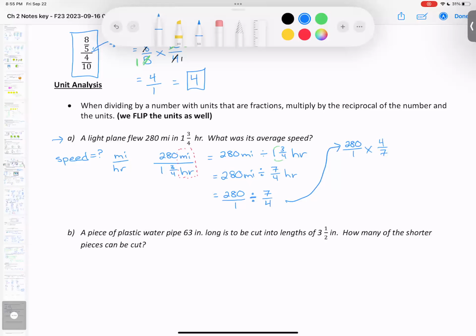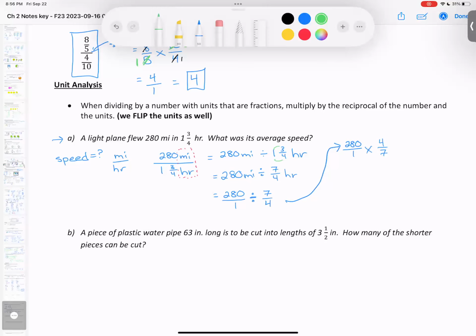And what can we do here? Well, we could just do top times top over bottom times bottom and simplify. I can see I can cross simplify here, because I know that 7 goes into 280. So that's going to be divisible by 7. If we check, what's 280 divided by 7?